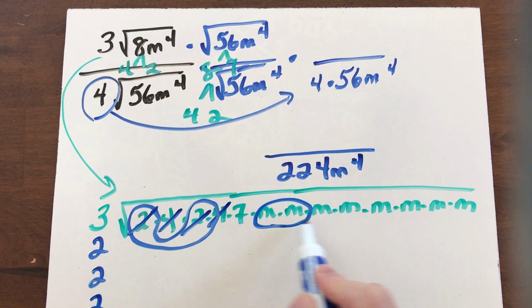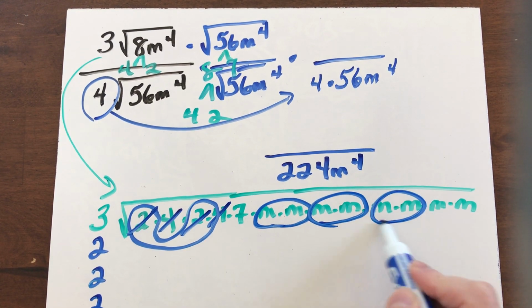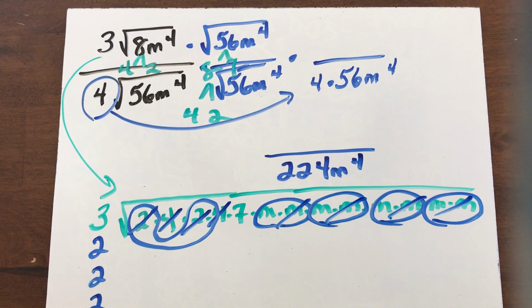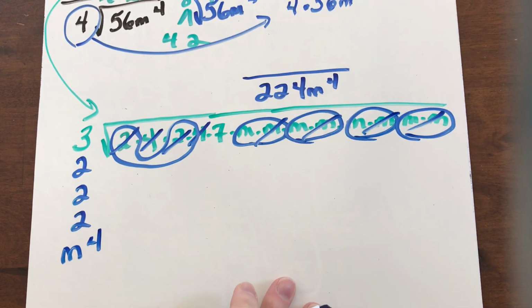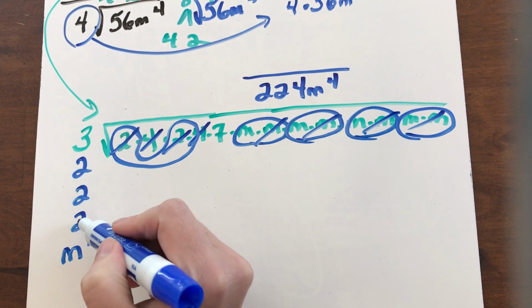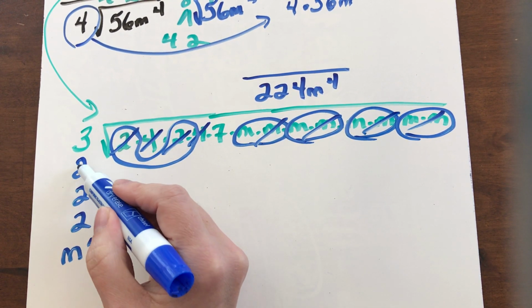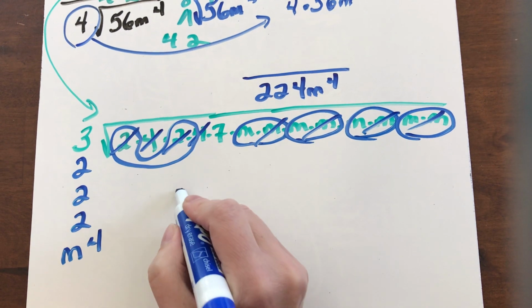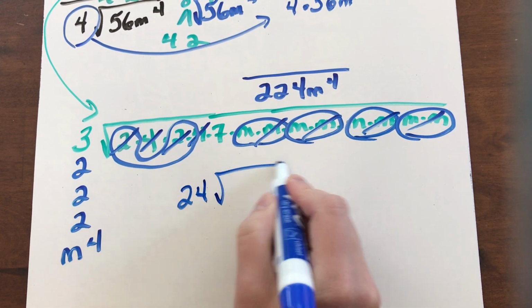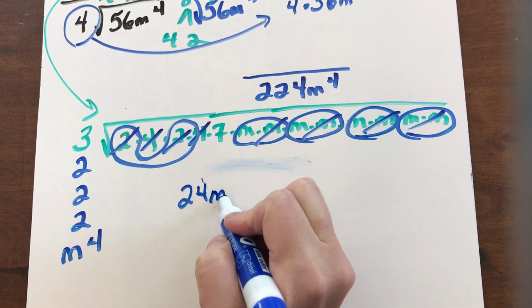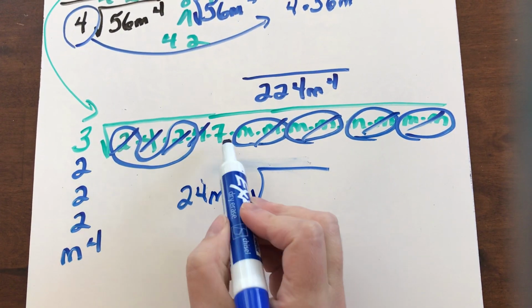And then look at all these m's. 1m, 2m, 3m, 4m's. So I'm going to pull out 4m's, and I'm just going to go ahead and write it m to the fourth. Okay. So on the outside, I have 2 times 2 is 4, 4 times 2 is 8, 8 times 3 is 24. On the outside, oops, I forgot the m to the 4. So 24 m to the fourth on the outside, and then what's left underneath?